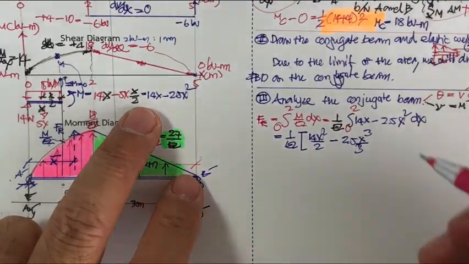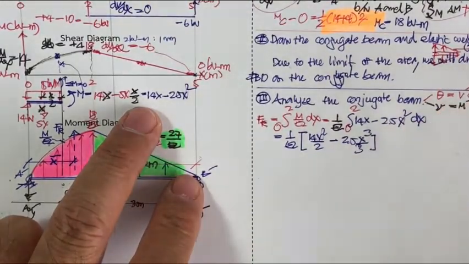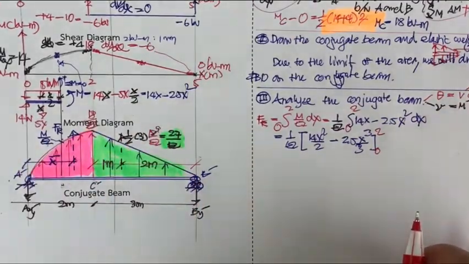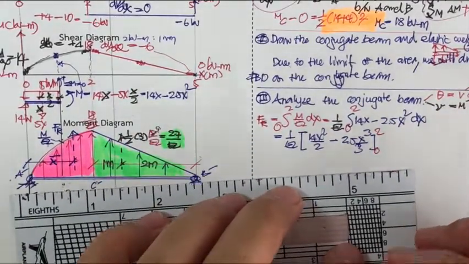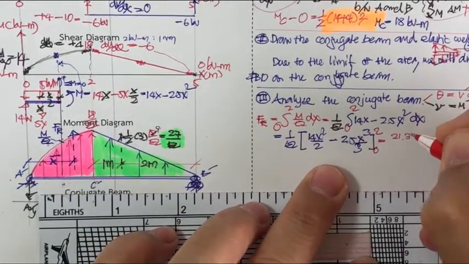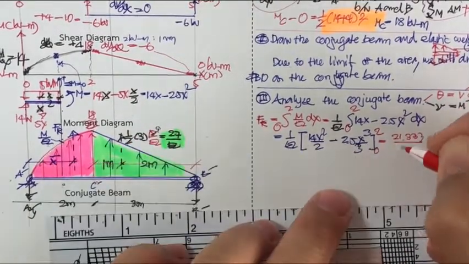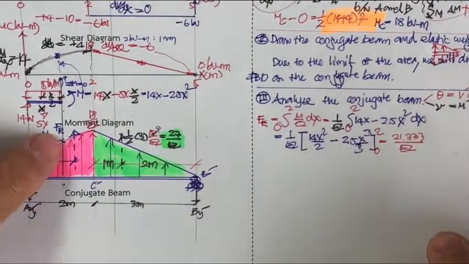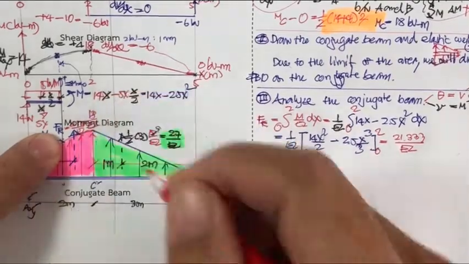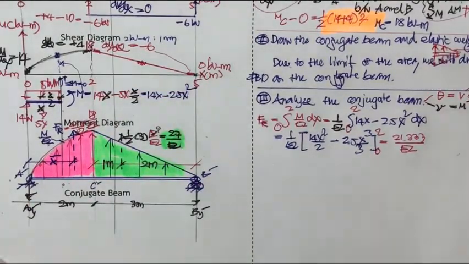Then you integrate it from 0 to 2. You arrive at the result of 21.333 over EI. If you'd like to put it over here.